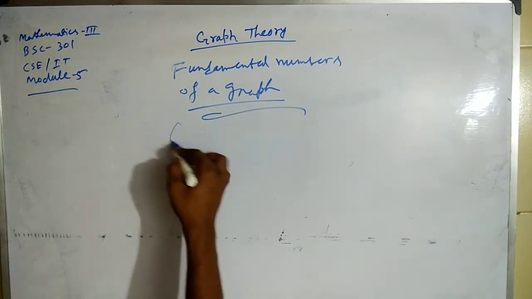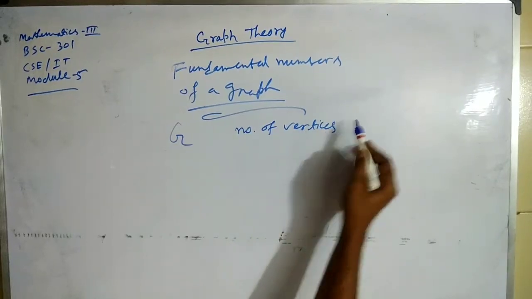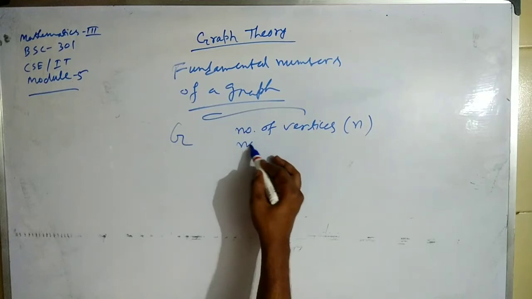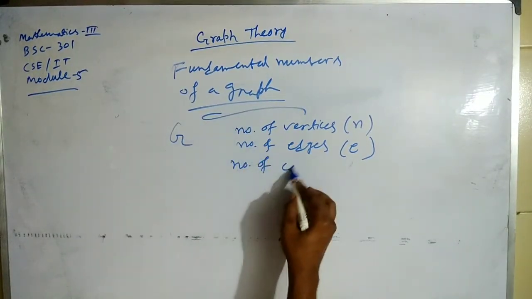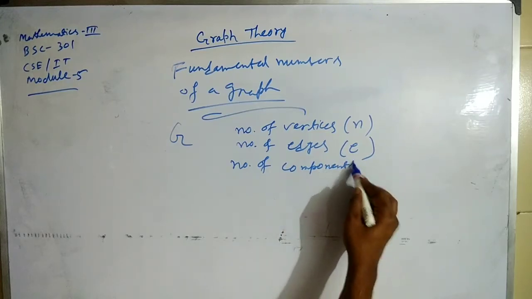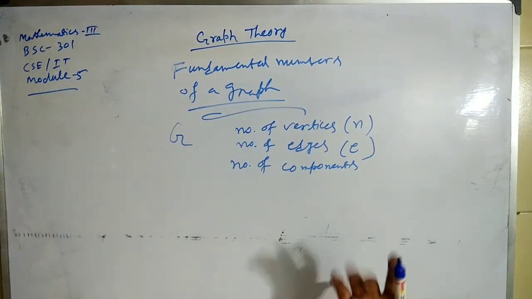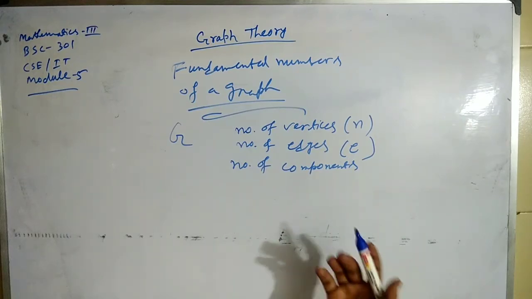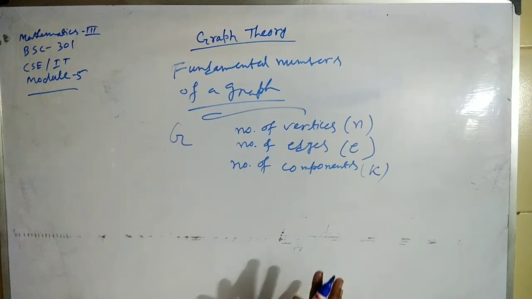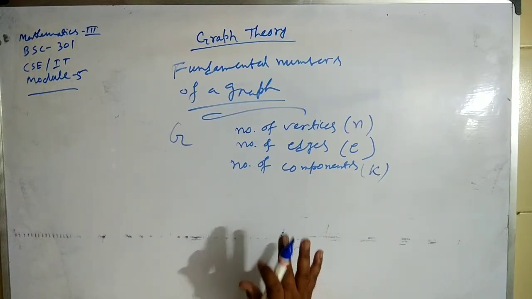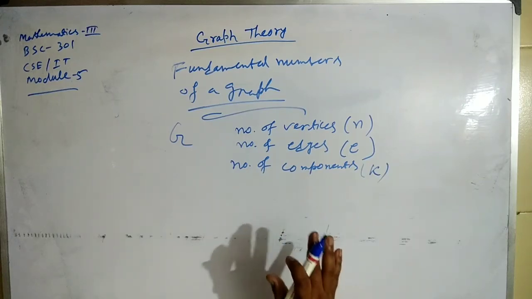Let G be a graph, and the number of vertices is denoted by N, the number of edges is denoted by E, and the number of components is denoted by K. As I told you, in a disconnected graph the components are the connected graphs present in it. So N, E, and K are called the fundamental numbers of G.